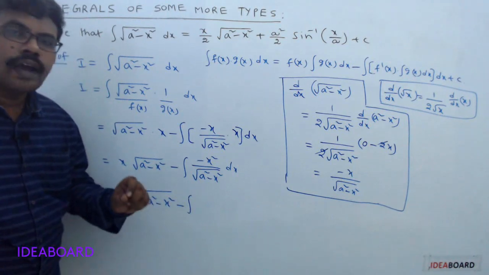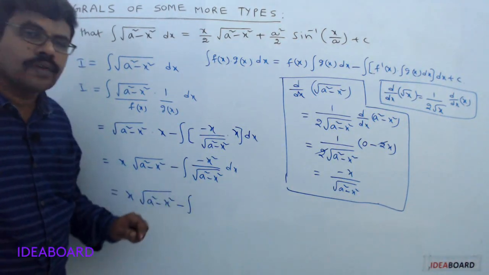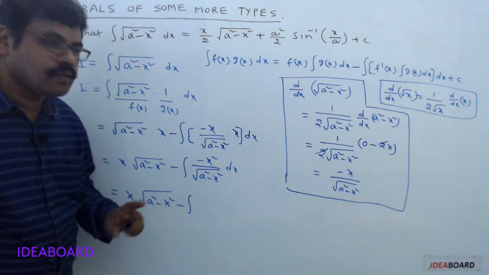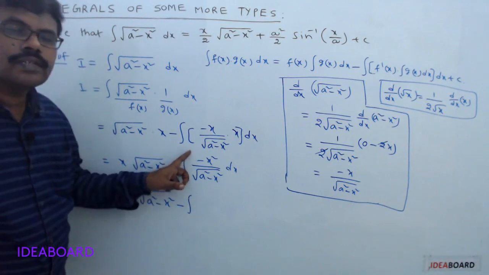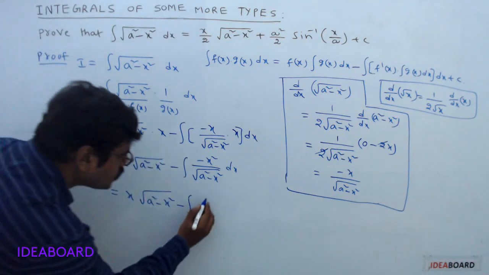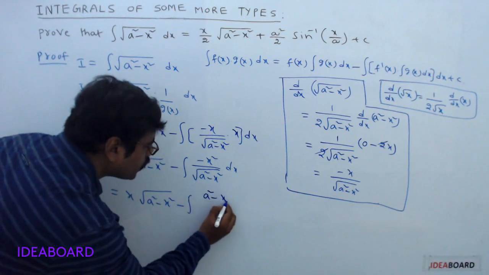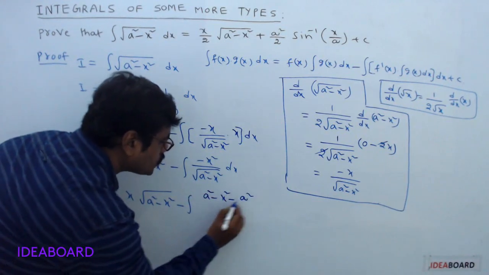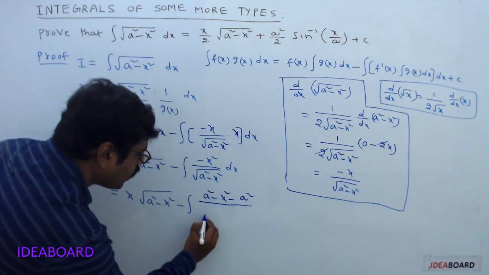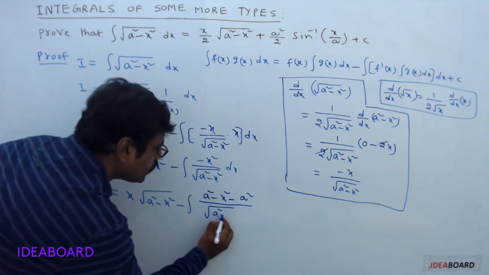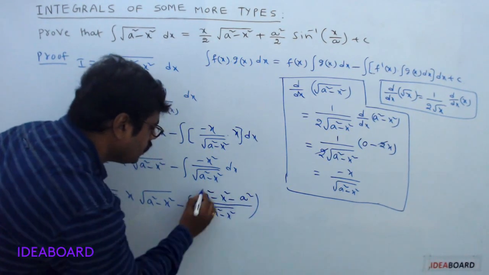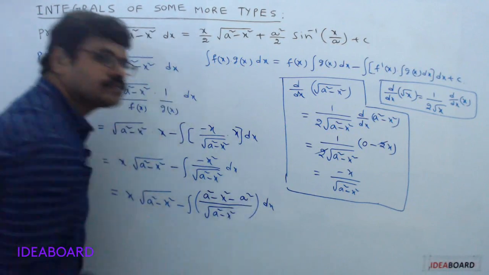Just add and subtract a square to this numerator. So that is a square minus x square minus a square divided by square root of a square minus x square dx.